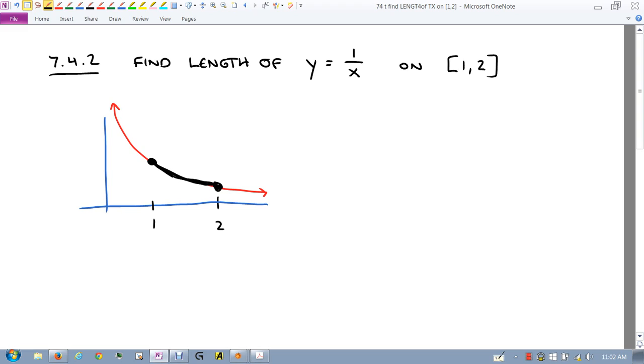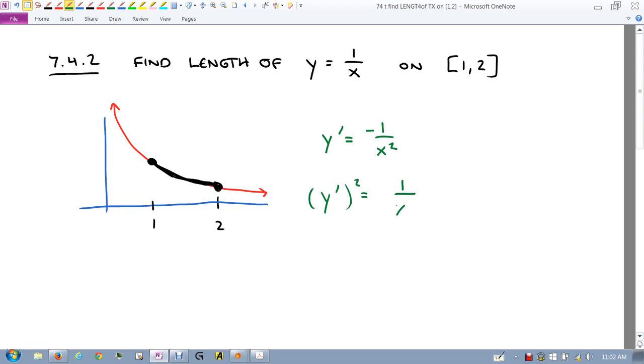So what do we need in the formula? What are we going to need? The derivative. So we just take a derivative quickly. The derivative of this is negative 1 over x squared. Yeah? And then don't we need to square that derivative? Yes? In the formula, so I like to just do that here, square it now.